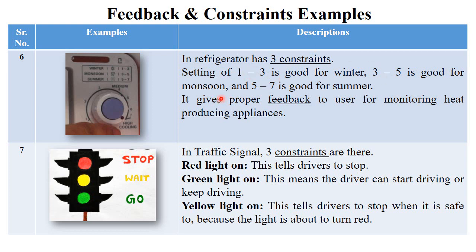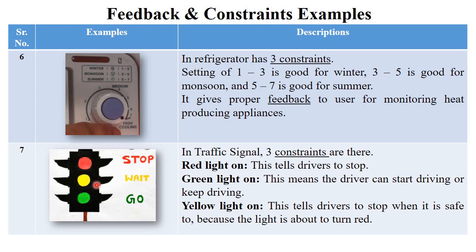If it is monsoon season, set the refrigerator from 3 to 5. And if it is summer season, you need to set it from 5 to 7. So these are the three constraints. And the refrigerator gives proper feedback to the user for monitoring heat producing appliances. So this is called feedback and this system is called constraints.